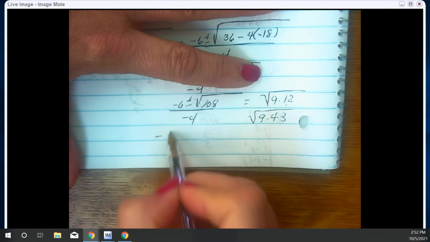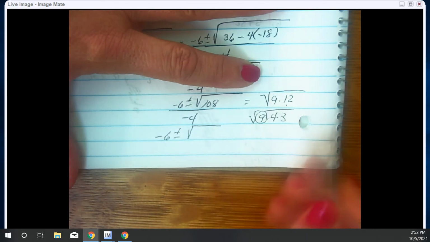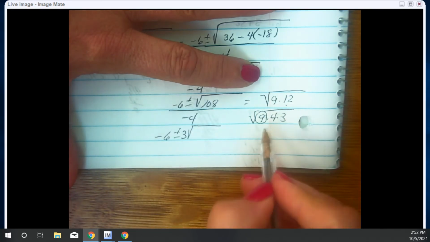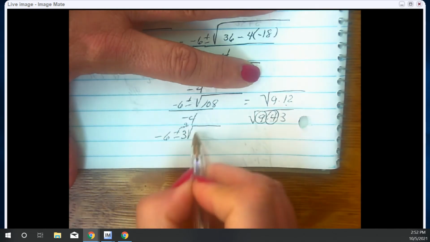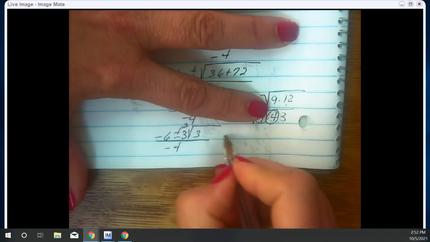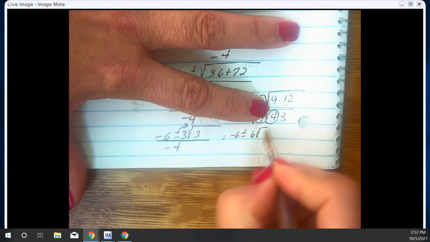Over here, I'm going to say negative 6 plus or minus the square root of. What is the square root of 9? It's 3, so it goes in front of the radical. What's the square root of 4? 2. It goes in front of the radical, and the 3 stays underneath the radical. Negative 6 plus or minus 2 times 3 is 6, radical 3.